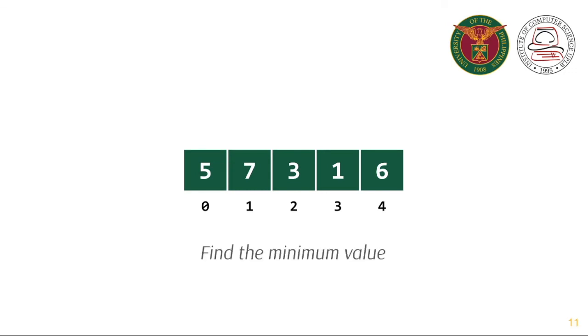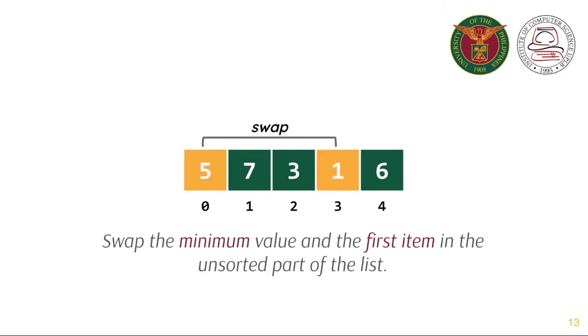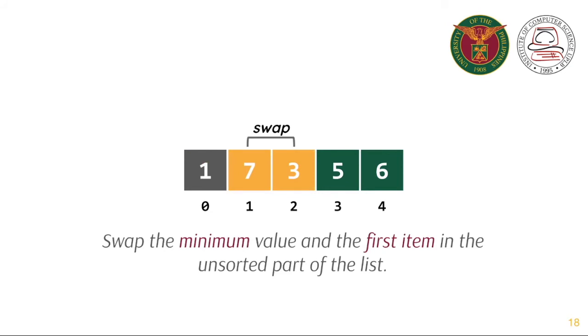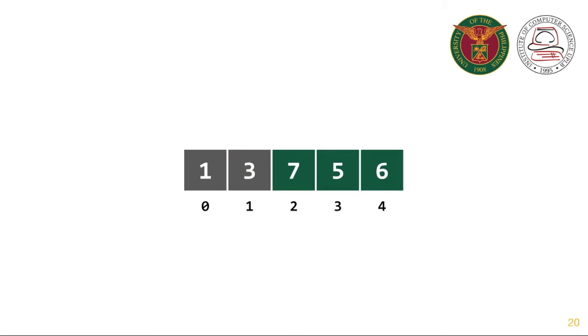The first step is to find the minimum value. In this list, the smallest value is 1, and then we swap the minimum value with the first item in the unsorted part of the list. Since this is the first iteration, the entire list is actually the unsorted part. So in this case, 1 is already sorted. Next is to find the minimum value, which is 3, and then we swap the minimum value with the first item in the unsorted part, which is 7. 3 is in the sorted part of the list.